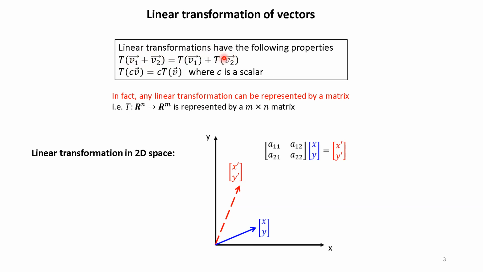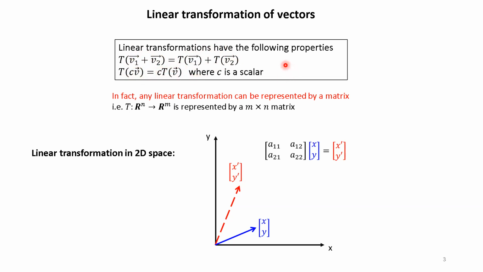Another property is that if I transform a vector which has been multiplied by a scalar factor c, then it would be the same as transforming the vector v itself first, and then multiplying it by that scalar factor c.